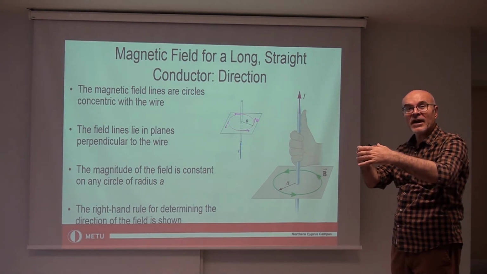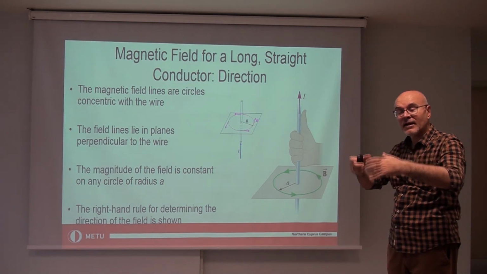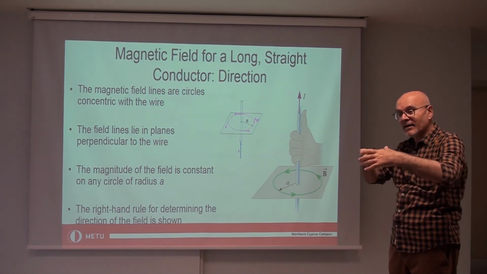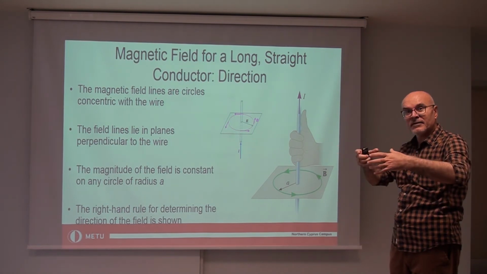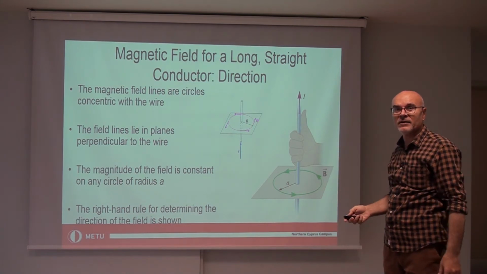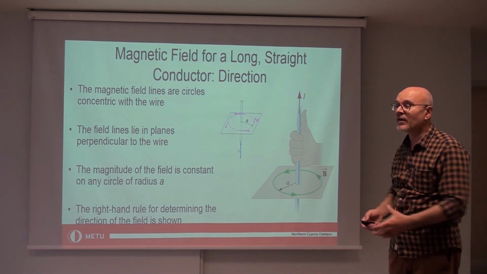If you think of it, you have rings of different radii, and they are all stuffed along the wire, and their density becomes less as they go away. So this is the magnetic field lines of an infinite wire.